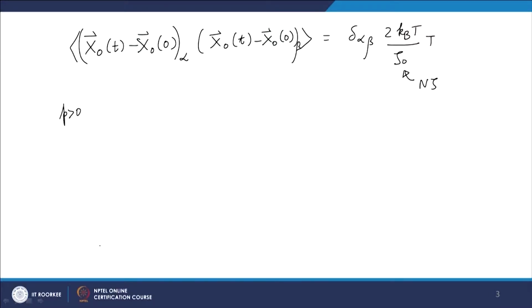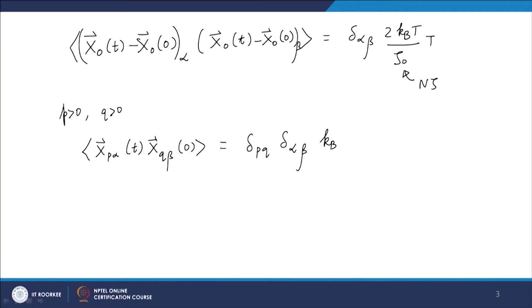In general, for p higher than 0, or also q higher than 0, we can write this as delta pq delta alpha beta kBT by Kp, exponential of minus t by tau p.